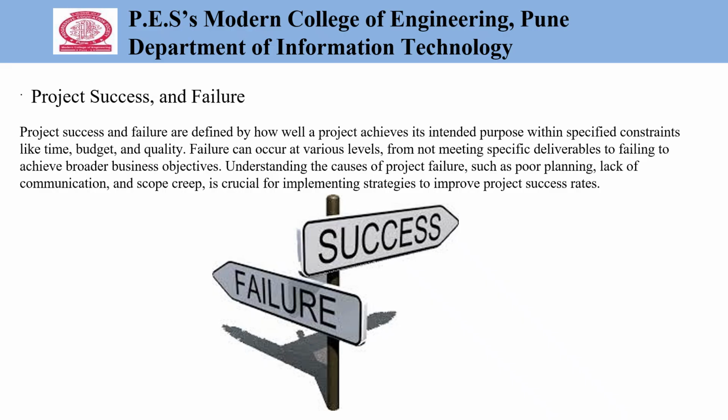These terms we already discussed. Failure can occur at various levels, from not meeting specific deliverables to failing to achieve broader business objectives. Understanding the causes of project failure, such as poor planning, lack of communication, and scope creep, is crucial for implementing strategies to improve project success rates.